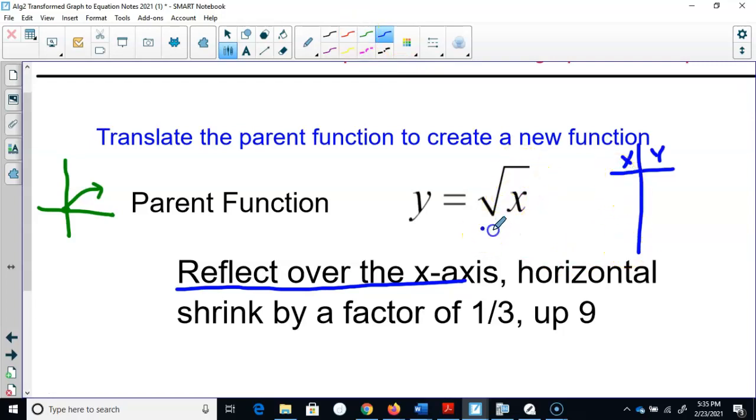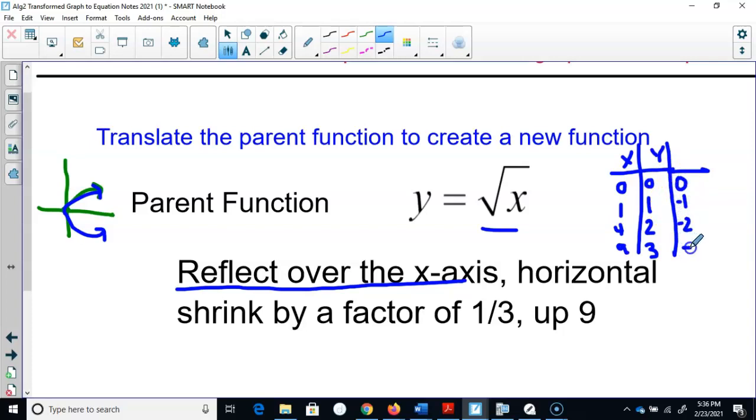So the parent table for the square root of x is x: 0, 1, 4, 9; y: 0, 1, 2, 3. A reflection over the x-axis means all of these y values here now turn to negative values. It reflected over the x-axis. So all of these just turn to negative values with the exception of 0.